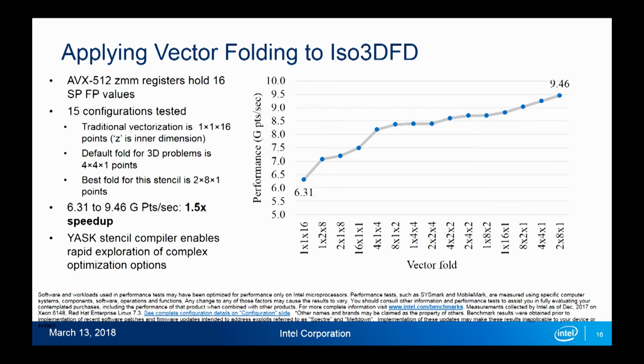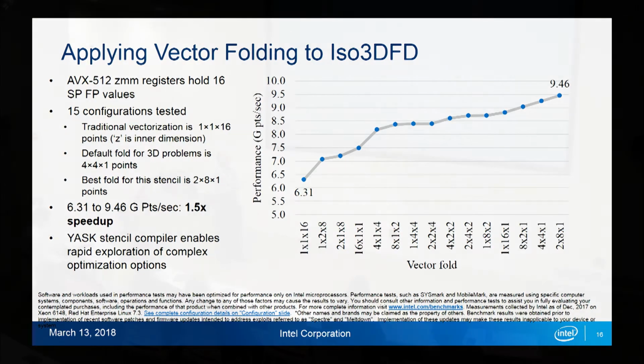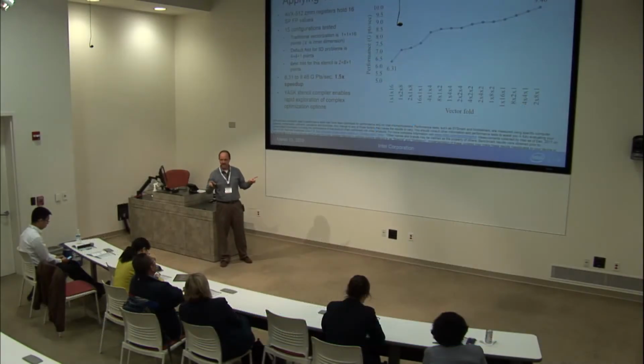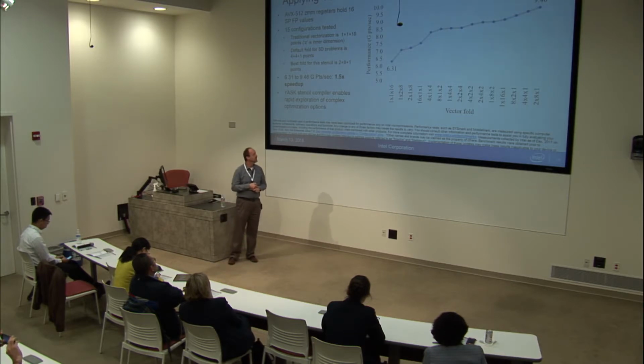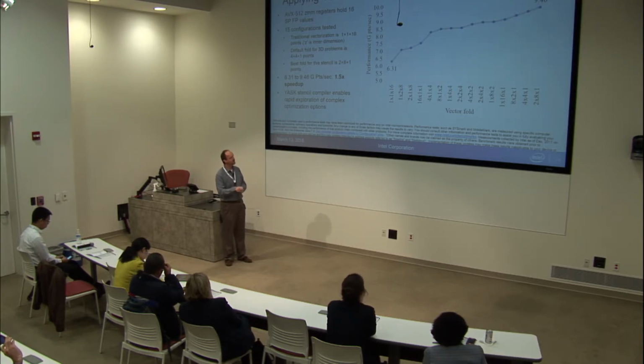All right, so what's the performance of vector folding? What does that buy us? So this is the same 3DFD example, same platform. The degenerate case of folding is traditional folding again, and that's represented by the one on the left, which is, all 16 values are inline. And I started out here with about 6.3 gigapoints. And then I tried all 15 combinations of vector folding.